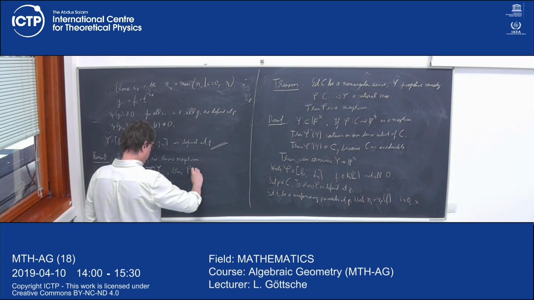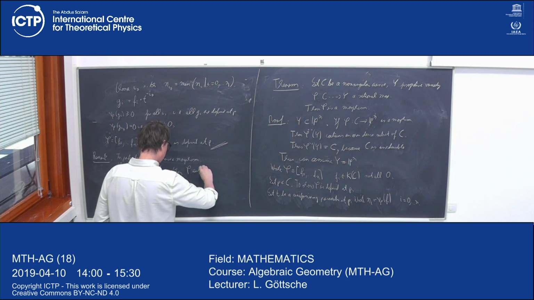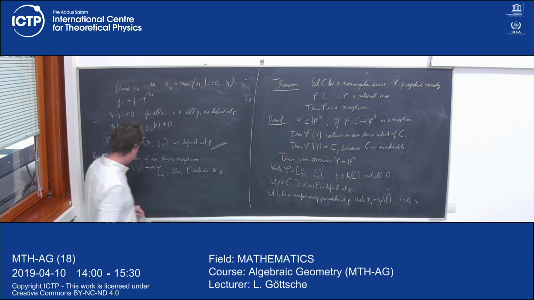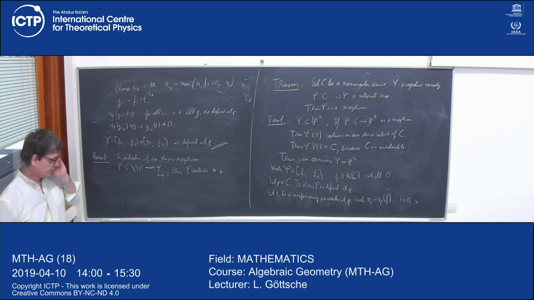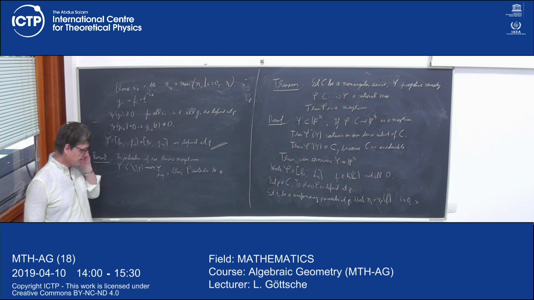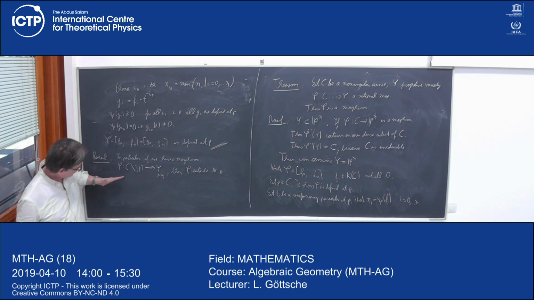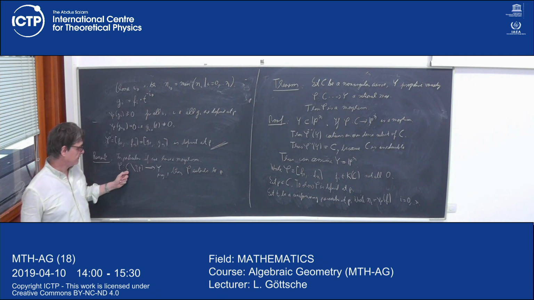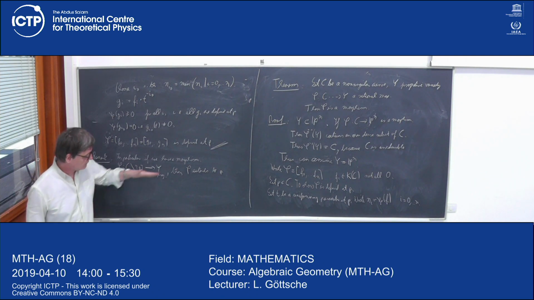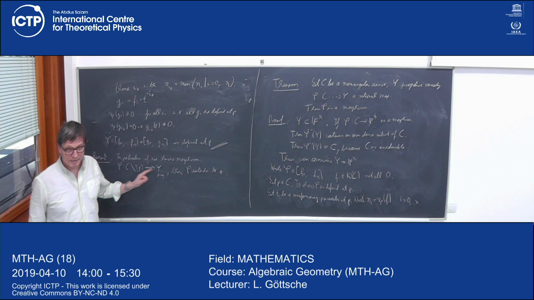phi extends to P. And you can interpret this, as I was trying to say in the beginning, as saying that there's no point in Y missing, or that you can go to the limit as the points in C go to P, and there will be a point there which you can map to.